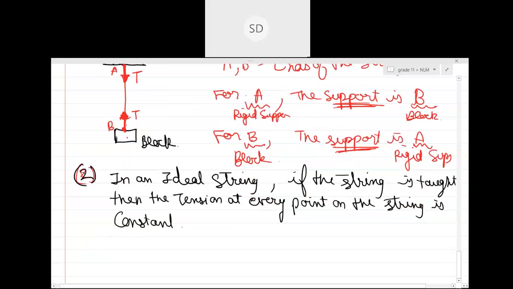So please remember, the tension at every point on the string between A and B is constant. Can you see this string between A and B? That includes A and B as well.